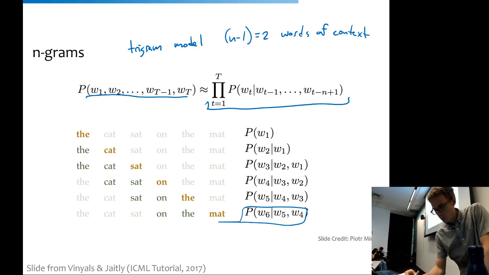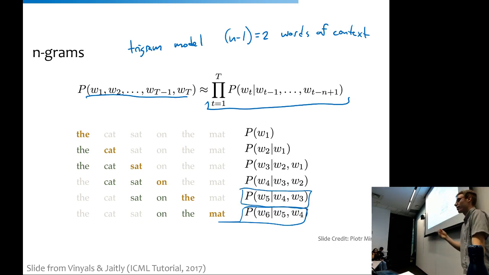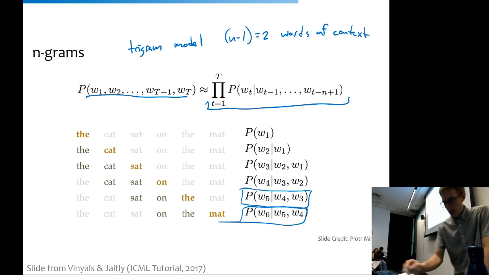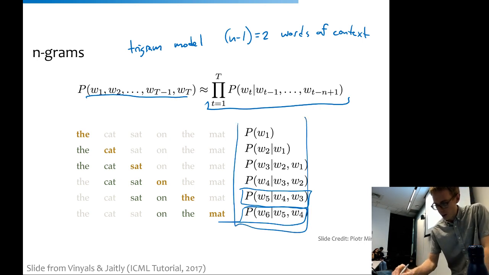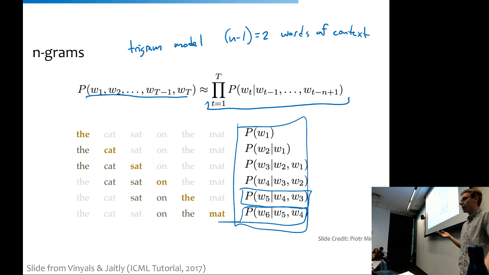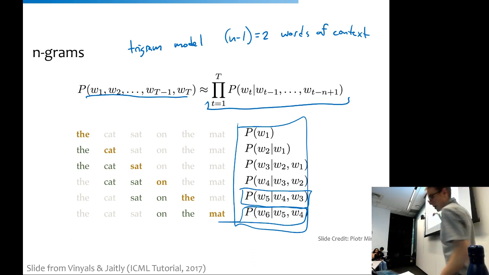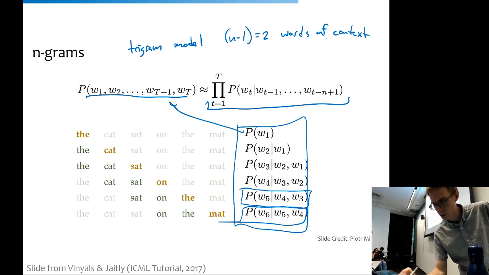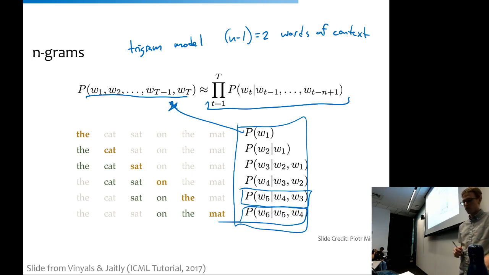And likewise, we're going to approximate the probability of word 5 given the 4 previous words by just, again, the 2 previous ones. Okay? And so when we multiply all of these together, we have the probability of this full joint distribution.